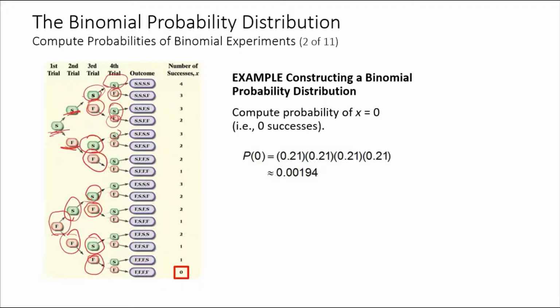So the possibilities are all of the flights are on time, or the first three flights are on time, or the first 2 flights are on time, the third is not on time, and the fourth is on time, and etc. So you know what this means.